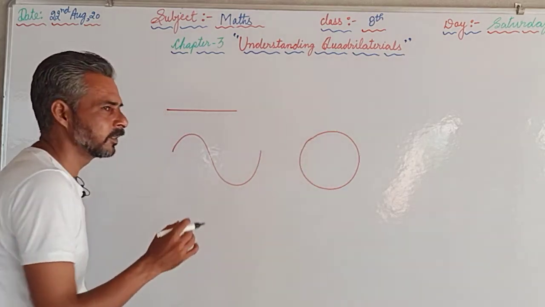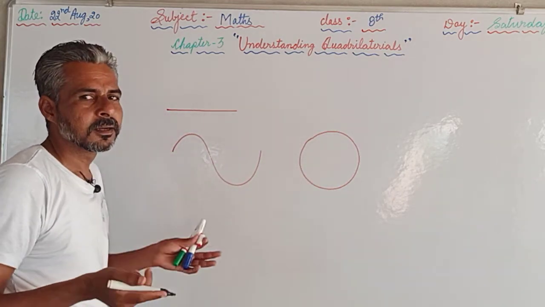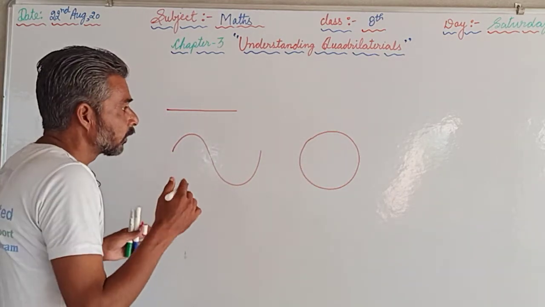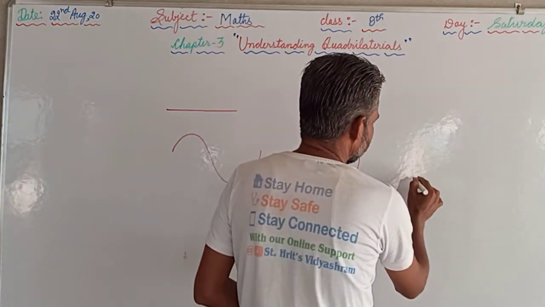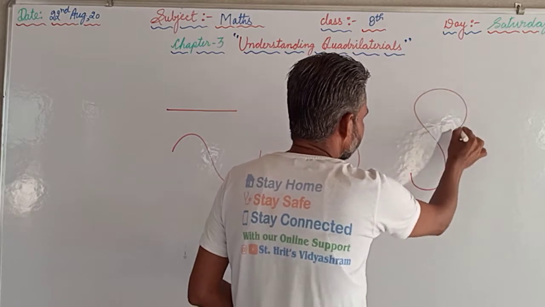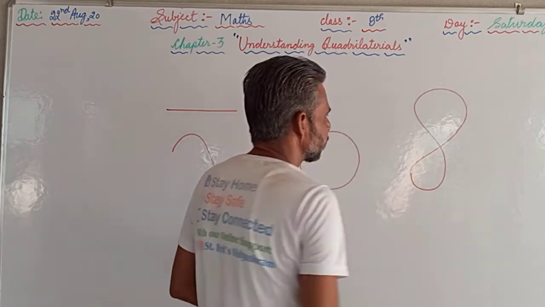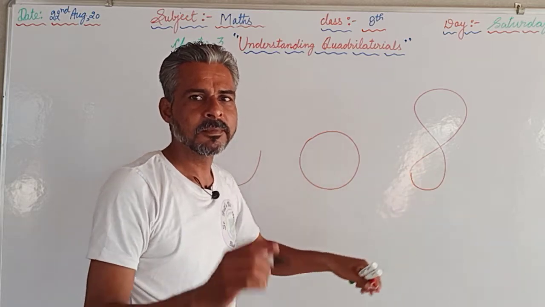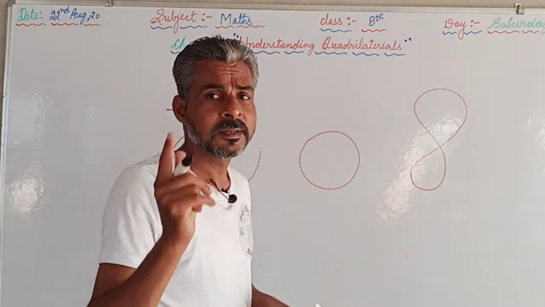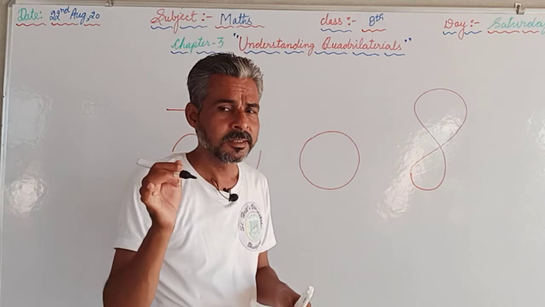then these are plane curves. Closed curve, that is the closed curve. If I say like this without lifting this marker, this is not a closed curve. Why? Because in a closed curve, the first requirement is we are not supposed to lift the pencil.